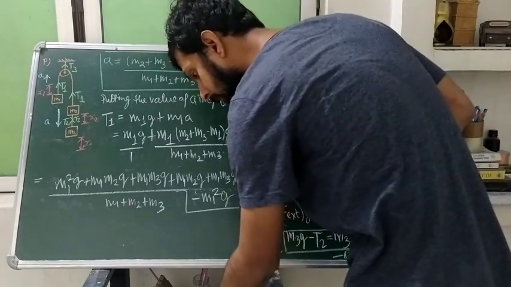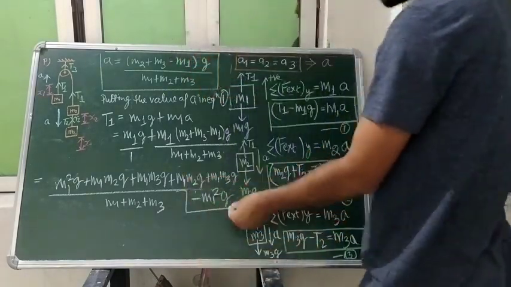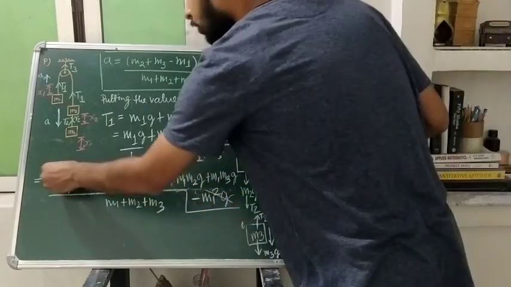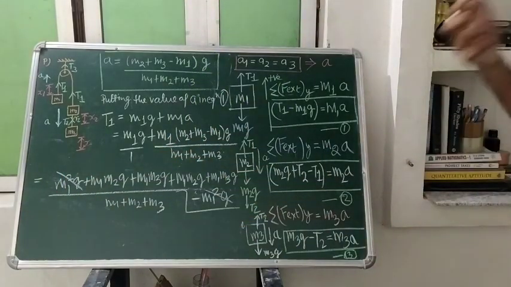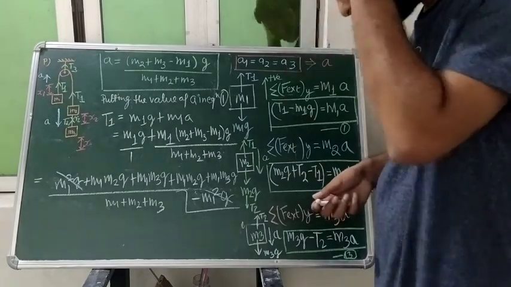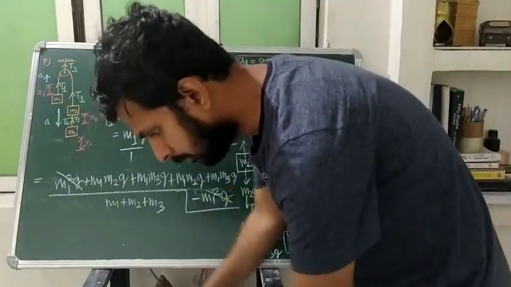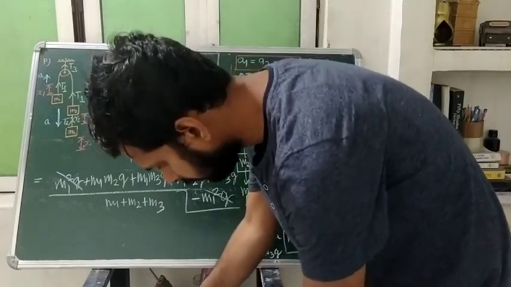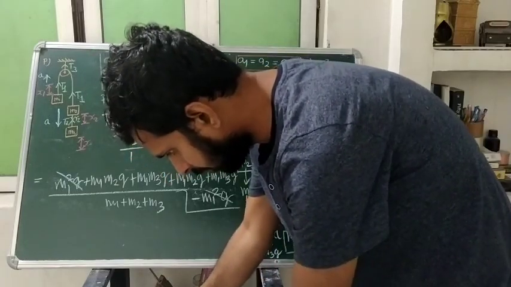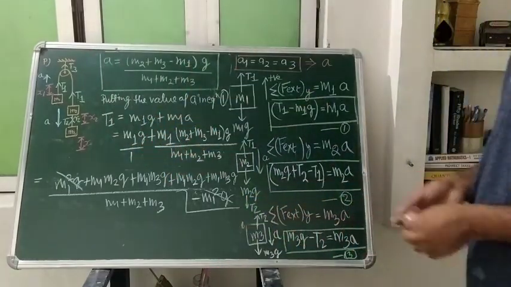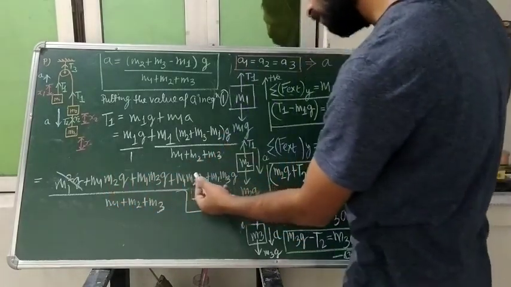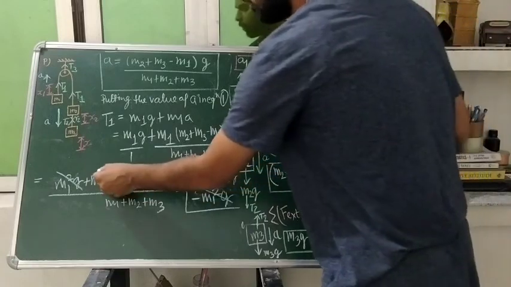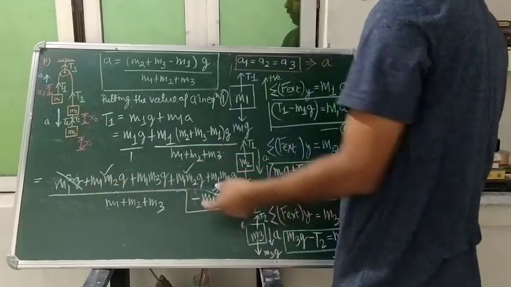So you guys will look, minus m1 square g and plus m1 square g will get cancelled out. Okay, and everywhere it is plus, I think. Is the expression okay? And now this m1 m2 is present twice, m1 m2 and m1 m2.